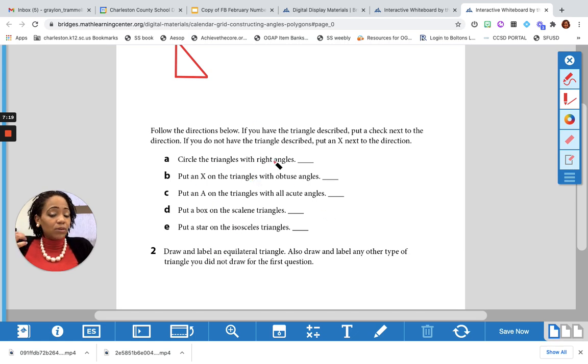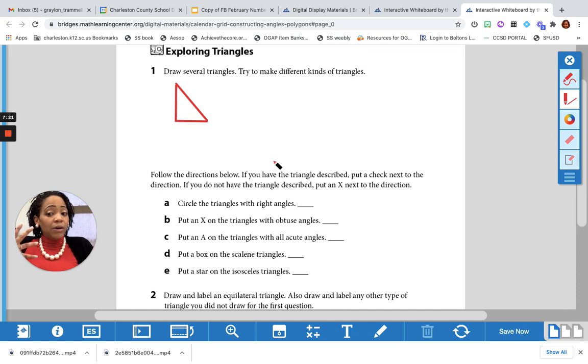So if you're trying to think about how you can draw 5 different triangles, look at these prompts here. A triangle with a right angle. Check, we did that. Draw a triangle that has an obtuse angle. Draw triangles that have all acute angles. So that kind of can help you.